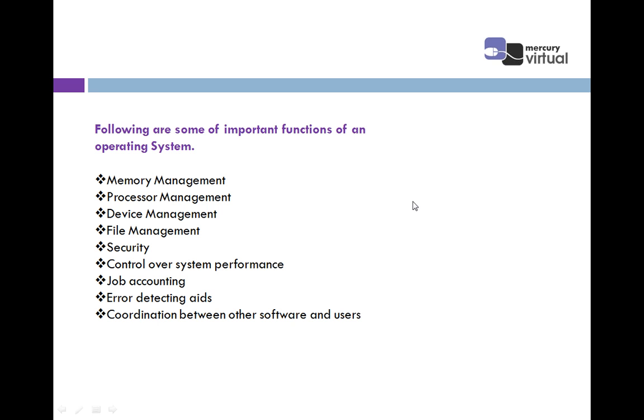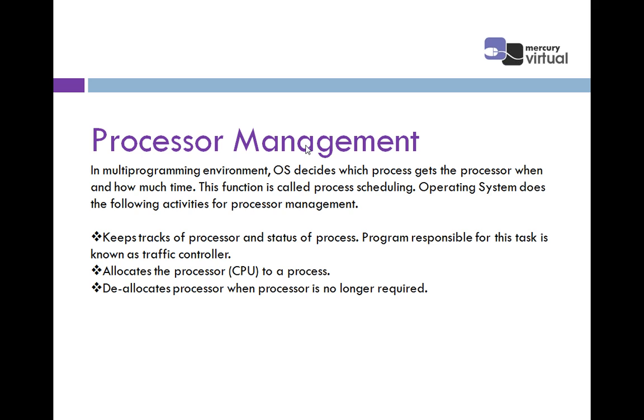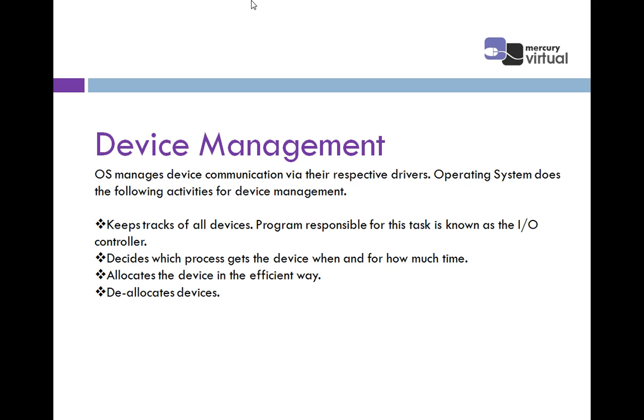Another slide says functions of operating system, that is discussed in detail, that is memory management, how to manage the memory, what is the memory size, when to access the memory and when to delete the memory. Then there is processor management, means different processes are allocated one by one, and when to allocate a process, when to deallocate another process. Next, device management means how to allocate or when to allocate the devices and when to deallocate the devices.